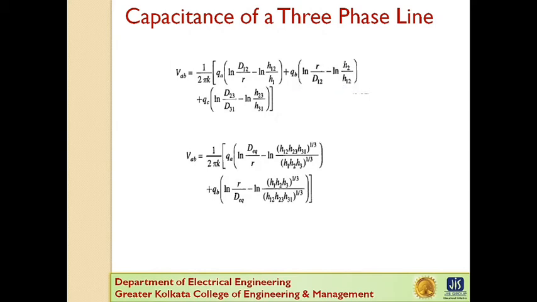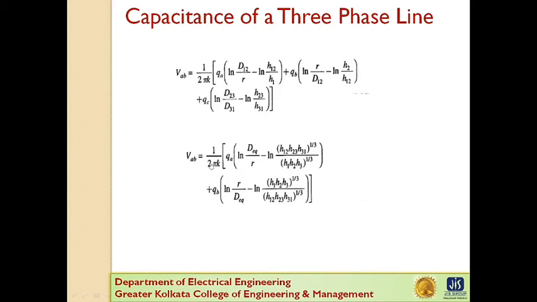Or VAB can be written for the second and third sections of the transposition cycle if the fairly accurate assumption of constant charge per unit length of the conductor throughout the transmission line is made. The average value of VAB for the three sections of the cycle is given by this equation.